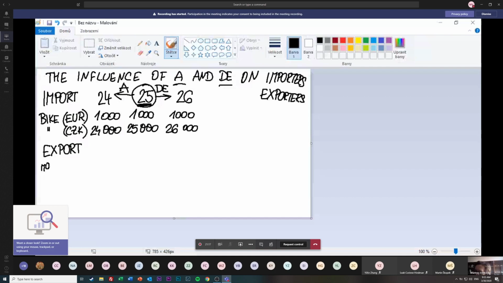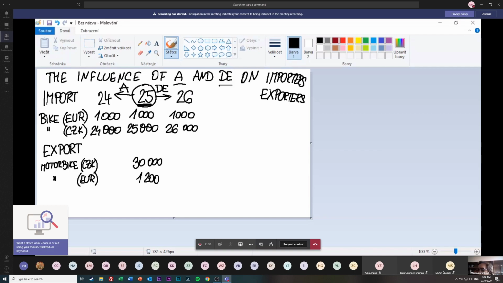I produce it at 30,000 Czech crowns, and I am exporting it into Germany, and in Germany I will sell it for 30,000 divided by 25, which is 1,200 euros. So the basic situation, I produce the motorbike for 30,000 Czech crowns over 25. So in the German market, the motorbike costs 1,200 euros.